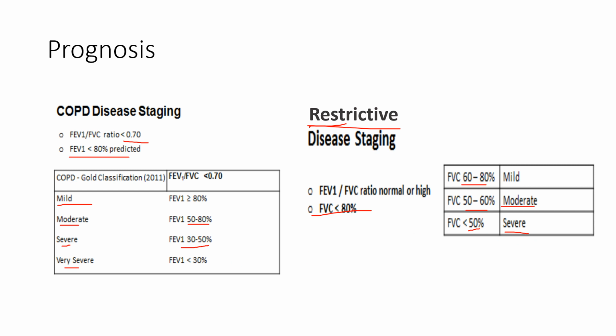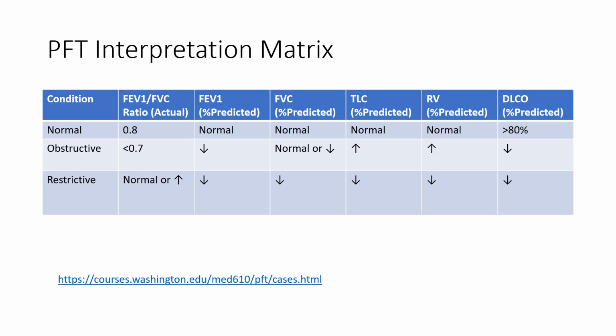Okay. Now to help clue you in, because I know we've talked about a lot of different things here, this is just our little matrix. In a normal, healthy individual, we rarely do a spirometry, because this is for patients with lung disease to diagnose them, to figure out what type of defect we're dealing with. But anyway, in a normal, healthy individual, the FEV1 FVC ratio will be about 0.7.